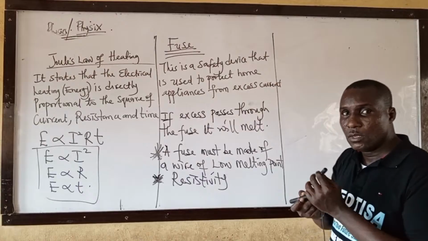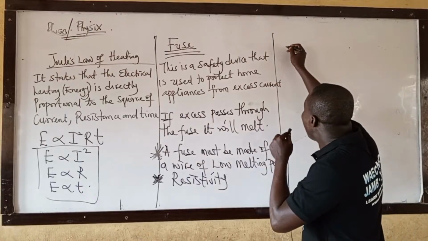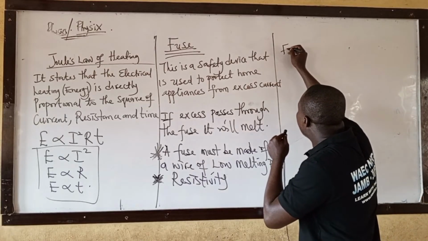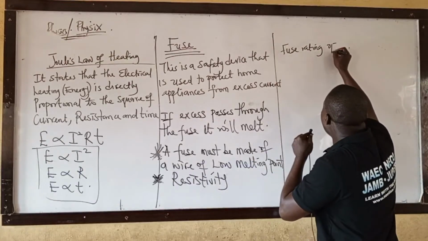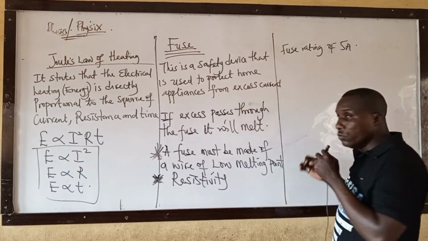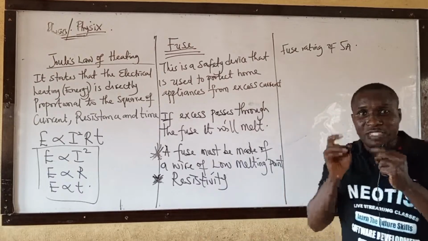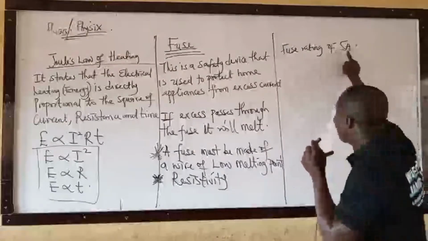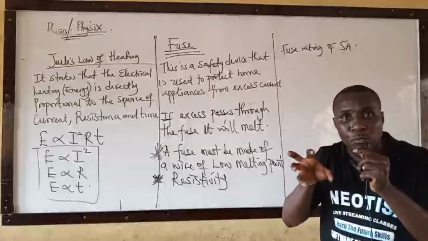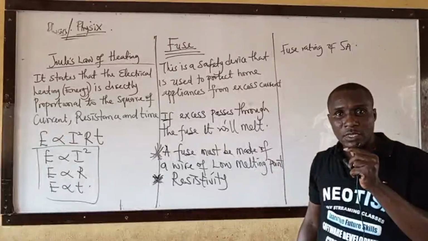Take note of that. Fuse rating. If you have a fuse rating of 5 ampere on a fuse, any current above 5 ampere that passes through that fuse, the fuse will melt. It will break off.